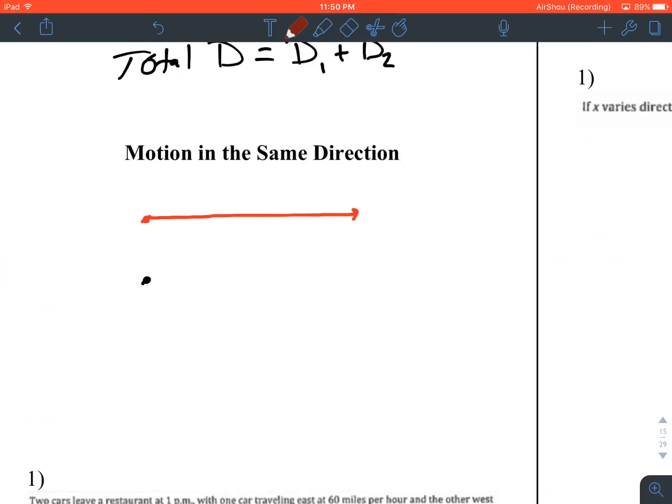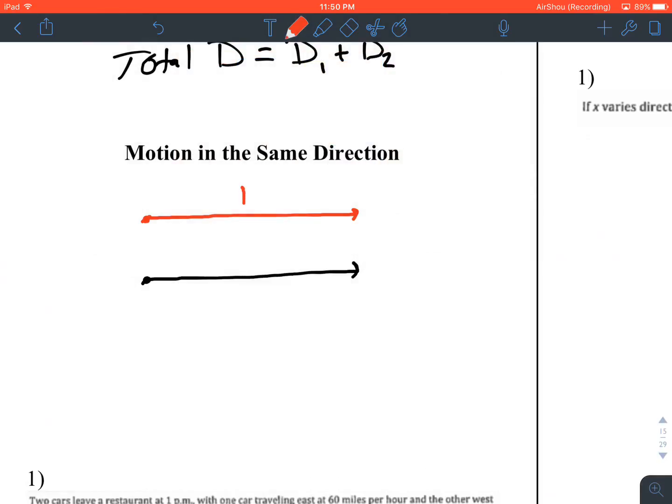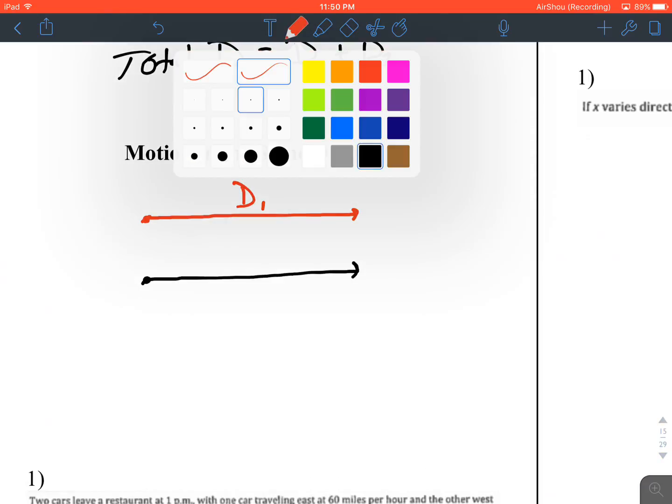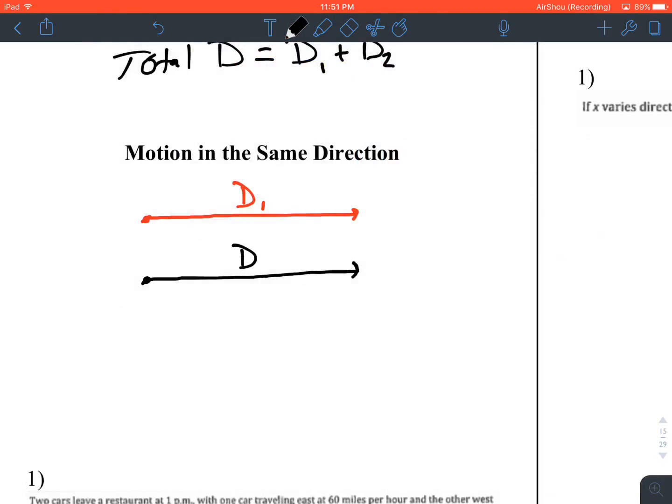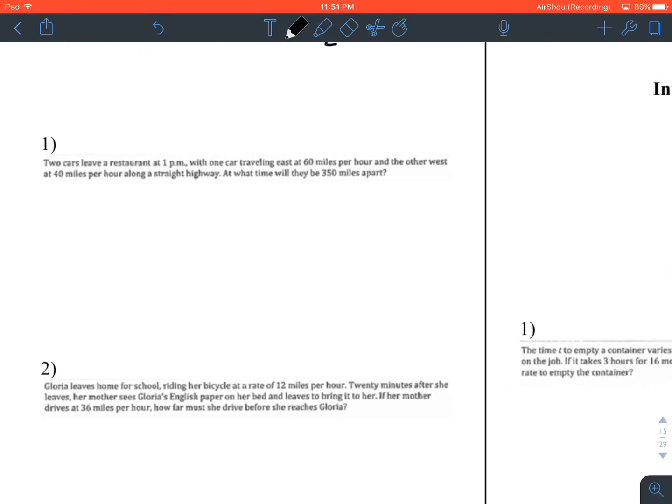And then it says, hey, person 2, they're going to start late, but they're eventually going to catch up to them. How long will it take them to catch up to each other? Well, in this case, the distance of each of the people, they have to be equal. If they're starting in the same spot and ending up in the same spot, that means that their distances have to be equal to each other. So keep that in mind. That's going to come up in some problems on the ACT for sure.